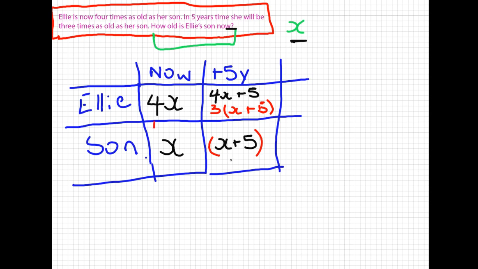So in 5 years the son is x plus 5, so she will be 3 times that. Now what we've got is, in this box, we have 2 different expressions representing the same thing. So both of these things represent how old Ellie is in 5 years' time. And they're both written in terms of x, so that means they're both written in terms of how old the son is at present.